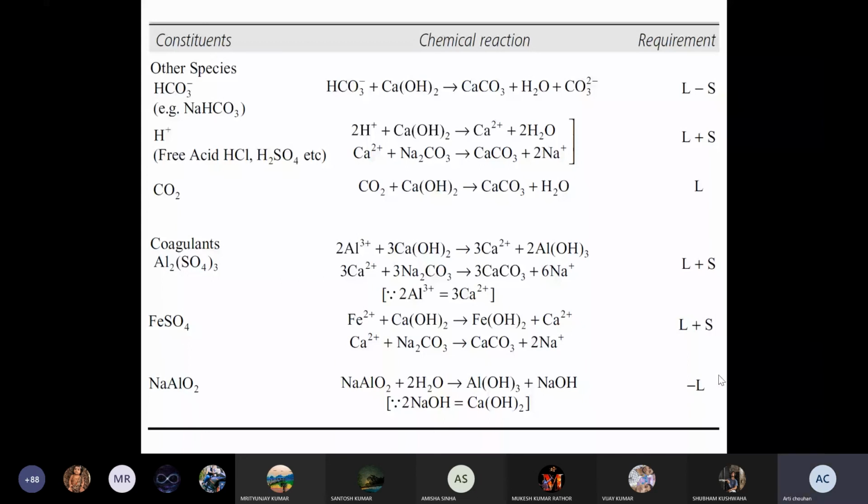Okay, because lime is being produced in this process. Ma'am, but why is it minus L? 2 NaOH is one Ca(OH)2, so shouldn't it be minus L by 2? Because in lime and soda, first of all, not only one reaction is happening here. Maybe you have 2 or 3 or 4 moles of NaAlO2.